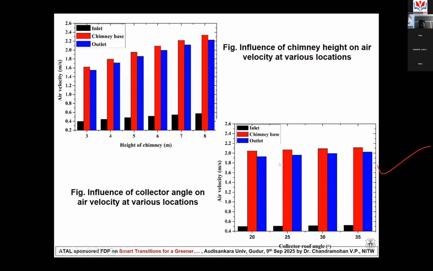So it shows that this angle we have chosen is based on Warangal's latitude and longitude. If you want to run the simulations for your city's latitude and longitude, the angle may give some impact, but we couldn't get much impact. So based on that, if 30 degrees gives the maximum air velocity, then we can consider the 30-degree collector angle.